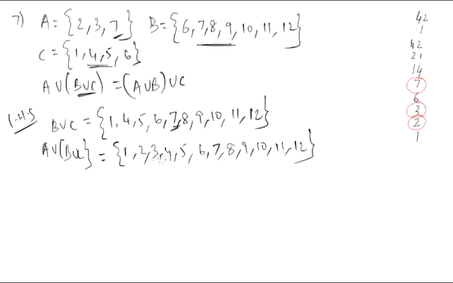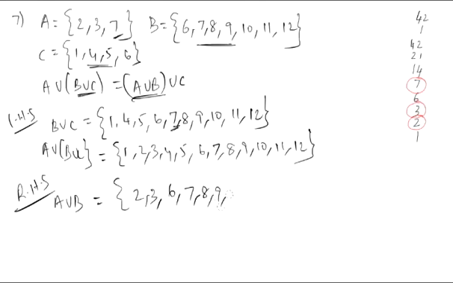So what do you see? It is 1, 2, 3, 4, 5, 6, 7, 8, 9, 10, 11, 12. A union B union C is that. Right hand side: again, what's within the bracket? A union B. A union B will be 2, 3, 6, 7, 8, 9, 10, 11, 12.